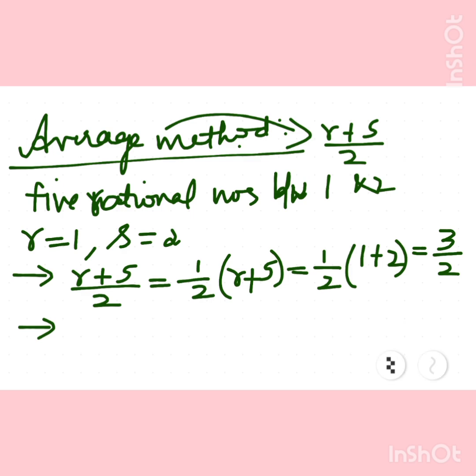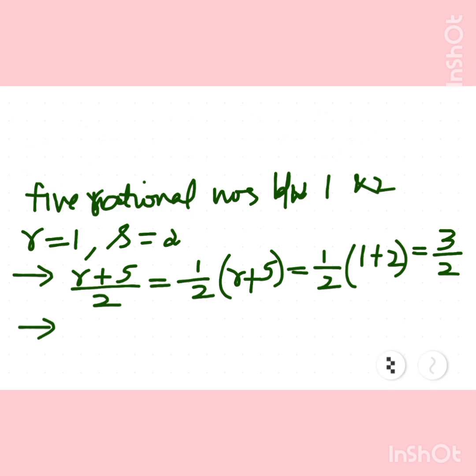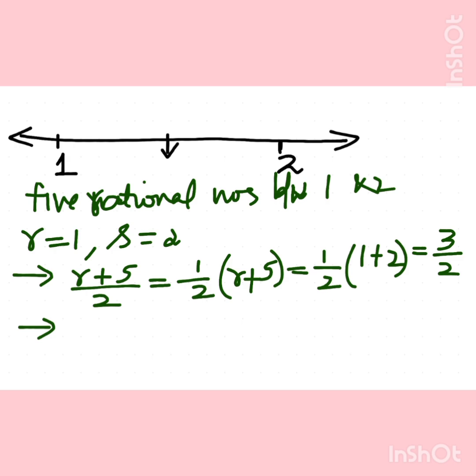Now the second thing, because we have to find 5 rational numbers. I draw the number line here, 1 and here 2. One rational number we got is 3 by 2. Now I'm going to find the next rational number, which lies between 1 and 3 by 2. Take the average of 1 and 3 by 2: 1 by 2 times (1 plus 3 by 2).